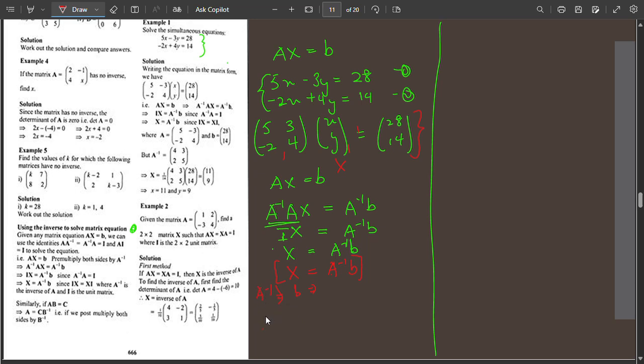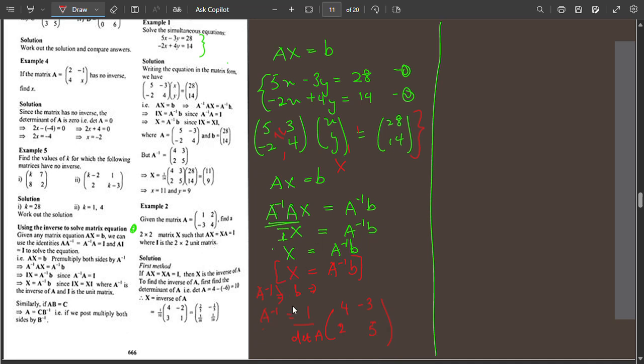So let's try it. What's A inverse? A inverse is 1 over the determinant of A multiplying its cofactor matrix. Looking at the matrix A, its cofactor matrix will be, first return this, so we have 4 and then 5, and then we'll negate these, -3 and then 2.